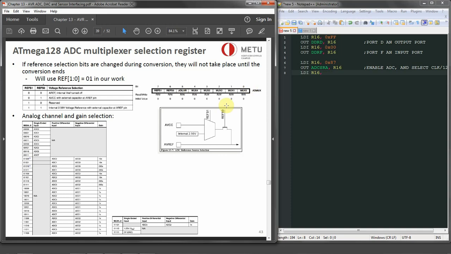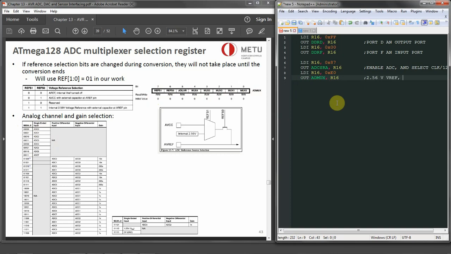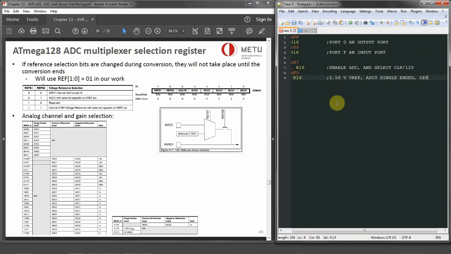Then MUX4 to 0, we are going to use a single-ended channel, so we can use the first channel and set everything to 0 there. So 1 1 1, and the rest is 0, which is actually going to give us 0xE0 in that case, and that has to be output to ADMUX, R16. This will set up the 2.56 volt VREF, and ADC0 single-ended and left justified.